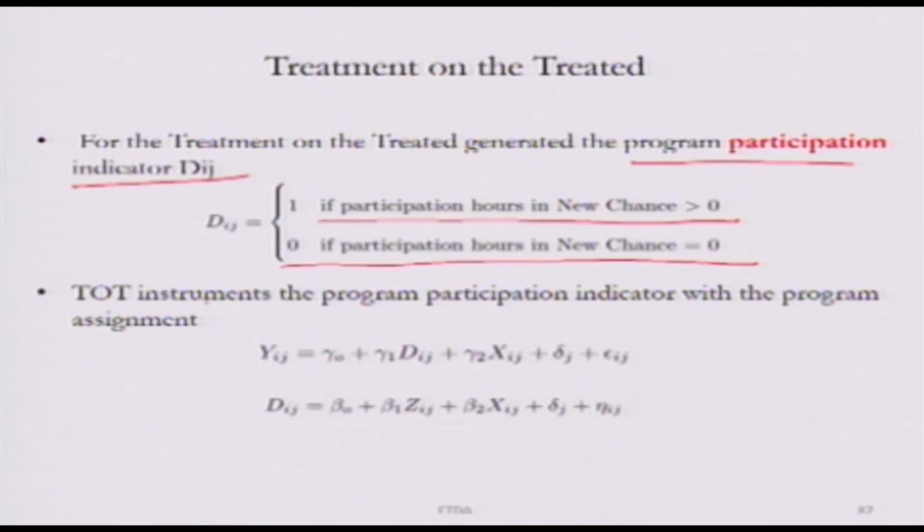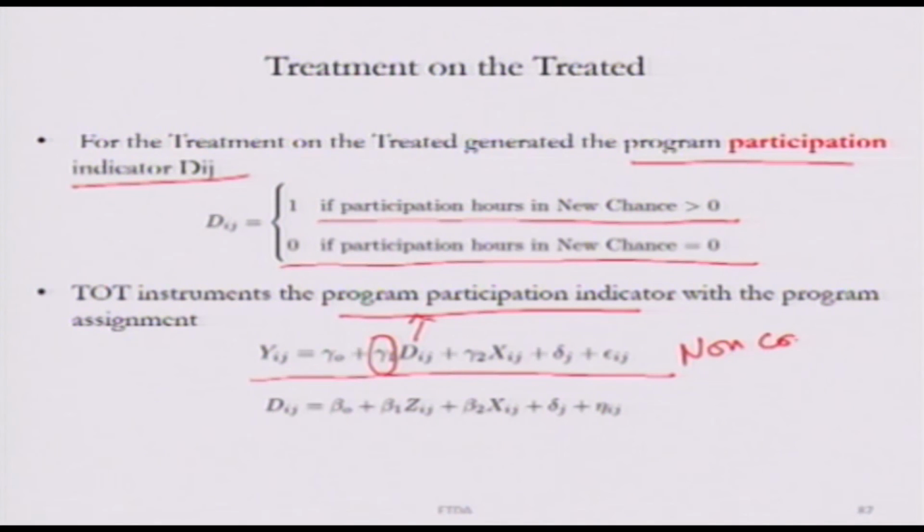Then the treatment on treated instruments the program participation indicator with the program assignment. So, what you have is, this is the regression you are interested in because this is program participation, Dij is the program participation. What you are interested in is gamma 1, but in the presence of non-compliance, some mothers choose not to participate in the program even when they were assigned the program, which means that there is a choice involved and hence program participation is not entirely exogenous.